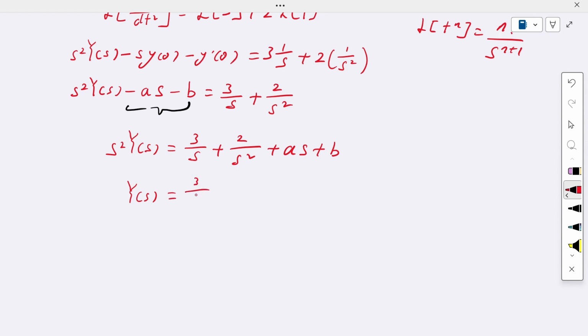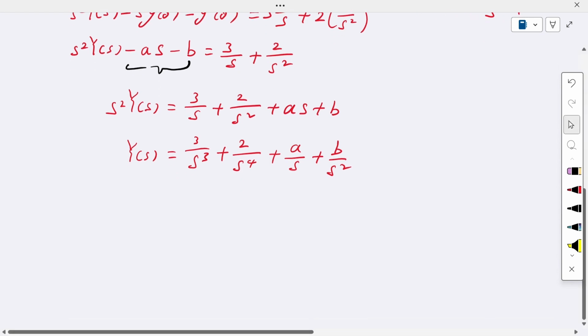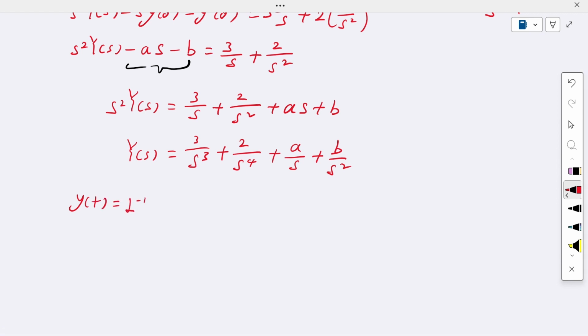Here we have 3 over s cubed plus 2 over s to the 4 plus a over s plus b over s squared. So to find the solution y(t), we take the inverse Laplace transform of capital Y(s).